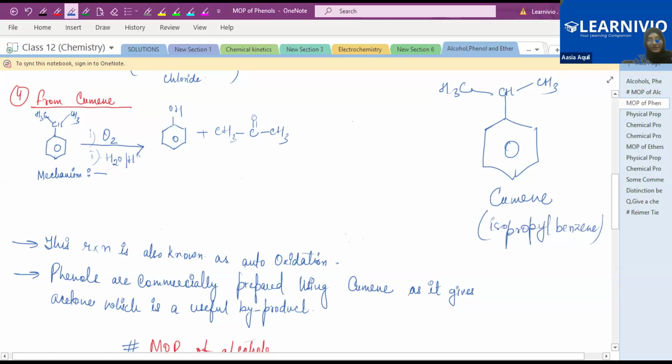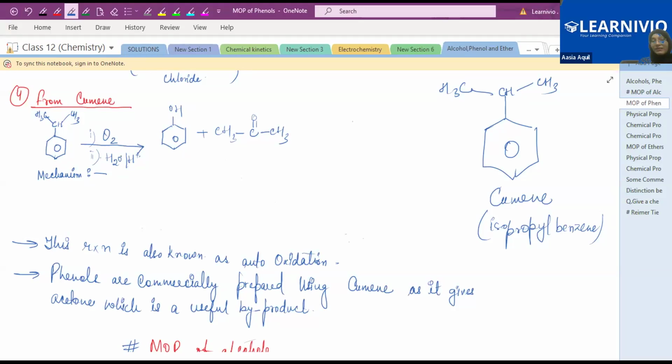Now let's understand how we can prepare the phenol from cumene. So this is a cumene, when you do the oxidation followed by acid hydration. In the first step you do oxidation, followed by acid hydration. So you will get a phenol plus acetone. This reaction is very important and very useful because commercially phenols are prepared by using this method only.